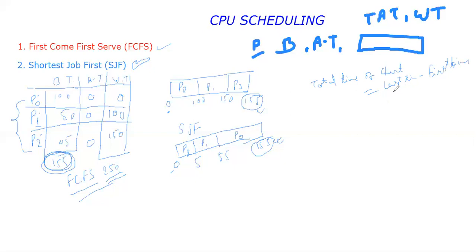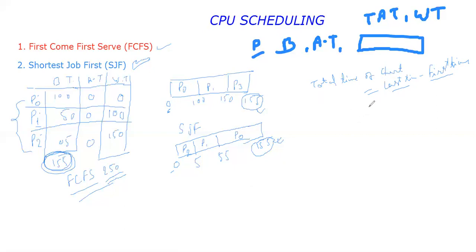Now why am I saying last time minus first time? Because it's not necessary that you always start with 0. There will be certain problems where you will start with 5. Hence, last time minus first time will be the total time for the chart.